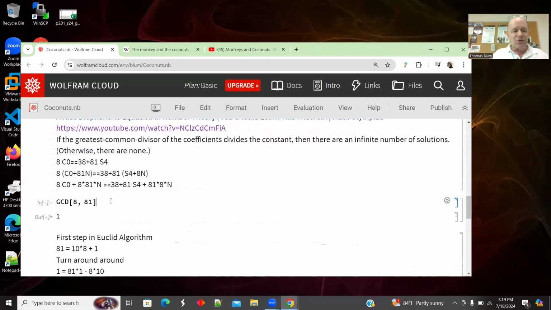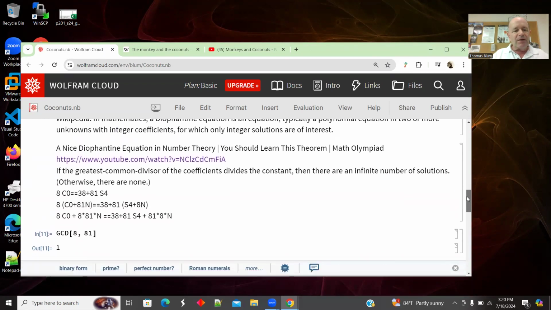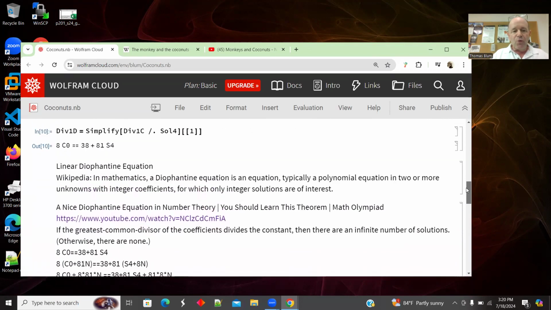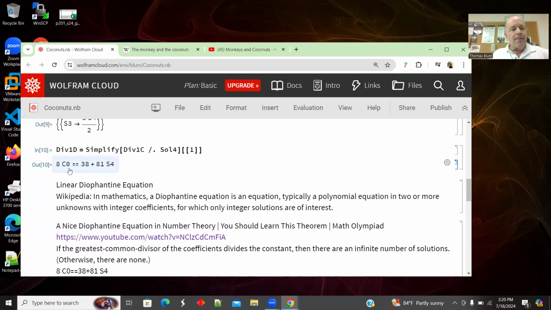But since I do want to show some of the capabilities of Wolfram, it does have a GCD method. So the GCD of 8 and 81, of course, is 1. So, okay, the GCD is important in these types of equations.